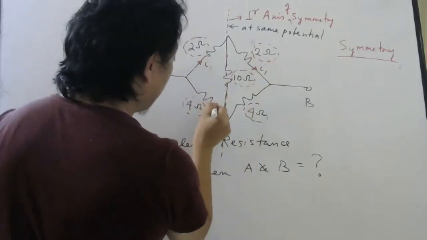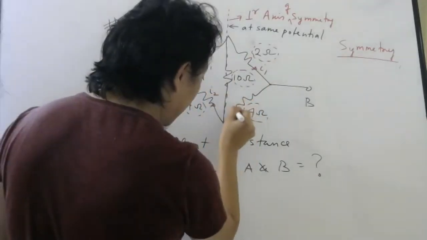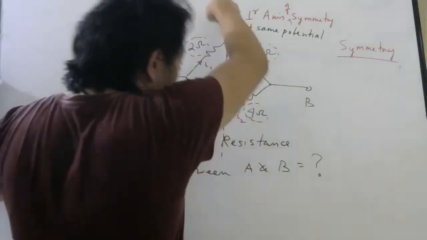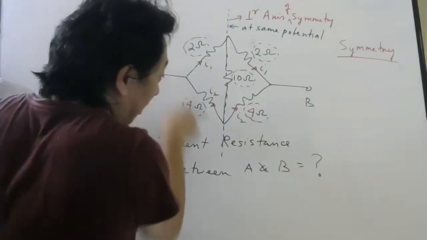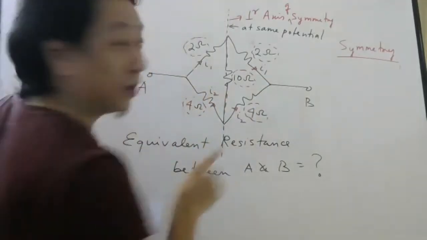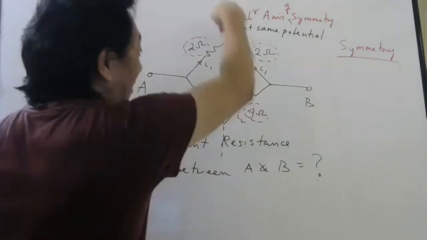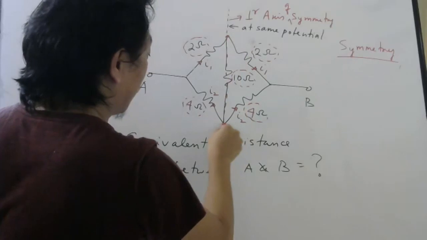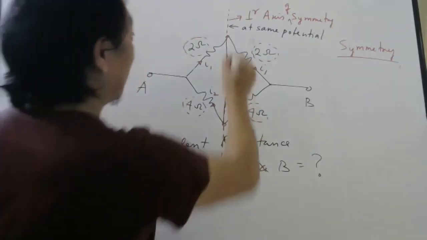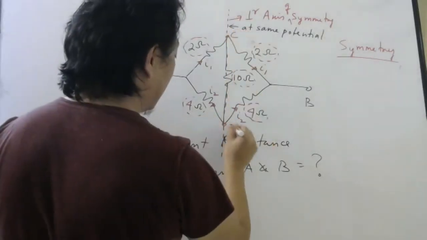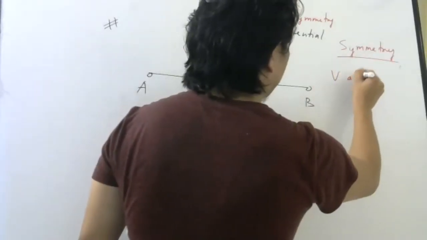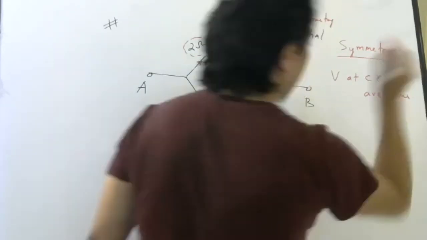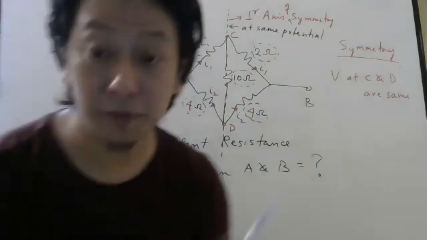Here if I say I2, here also it must be I2. That means whatever current comes here should go only here, and whatever current comes here should go only here, which means no current can go this side. And if no current can go this side, this point and this point must be at the same potential. So if I write here C and D, potential at C and D are the same. This is what you get from symmetry.